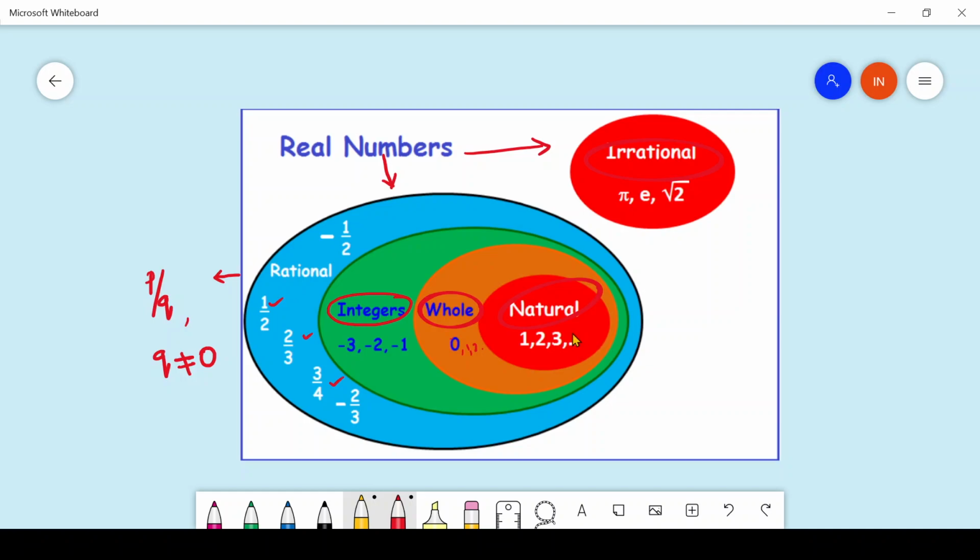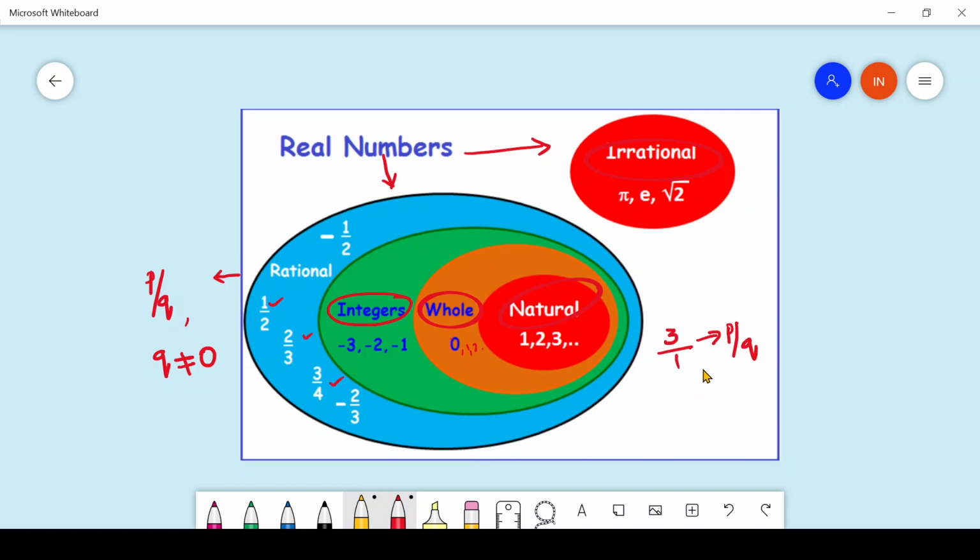How can we say that these are all included in rational numbers? You can see here, as a natural number, I am taking 3. This is only having a numerator now, right? So can we write this 3 in the form of 3 by 1? Yes. So this number 3 can be written in the form of 3 by 1. Now this is of the form p by q, right?